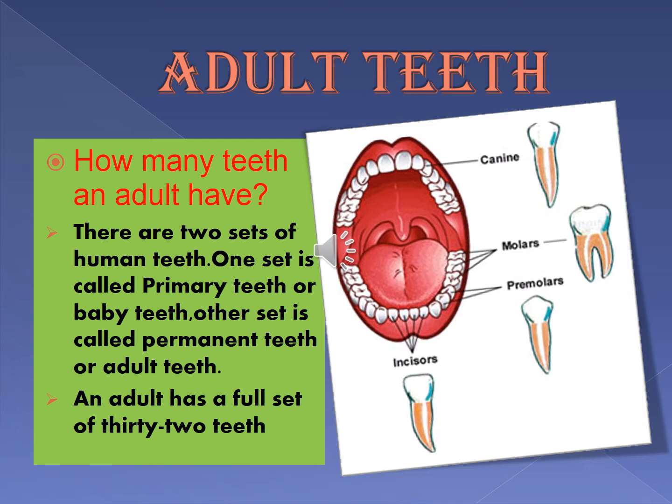The second set of teeth is called permanent teeth or adult teeth, and it starts erupting when we are 6 years old. The set of permanent teeth has a total of 32 teeth in it, which are of different types and different functions.